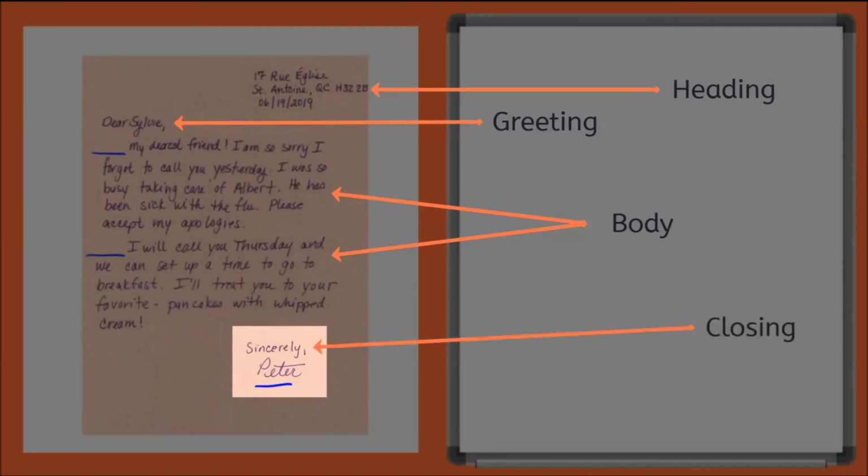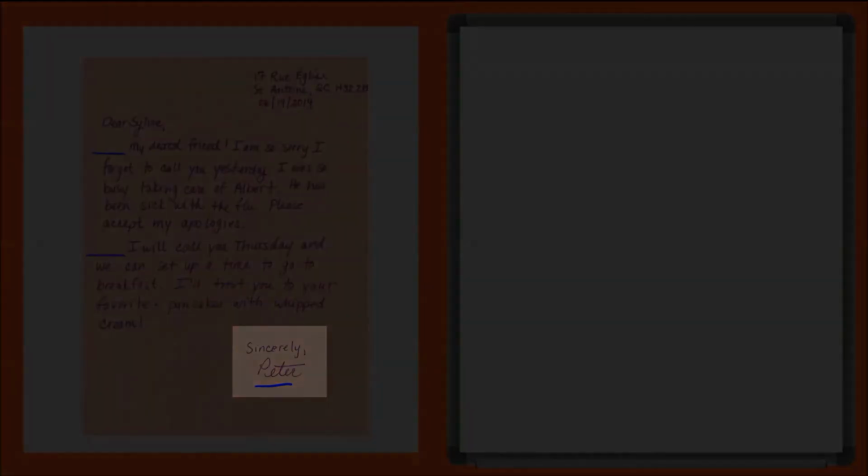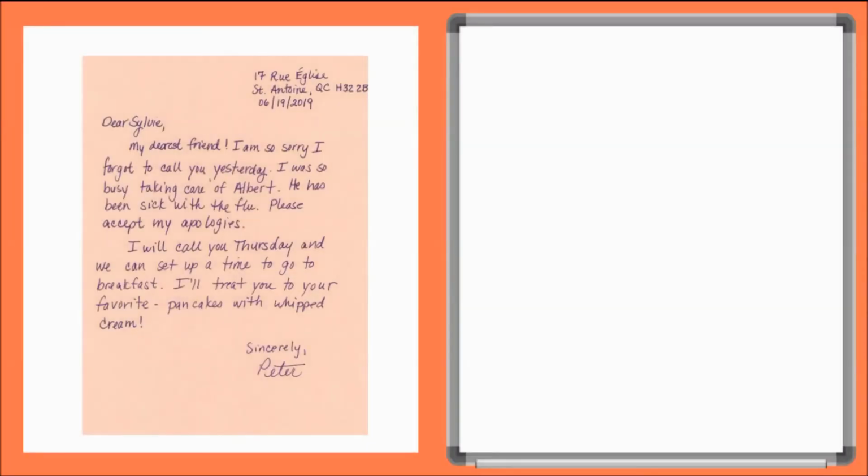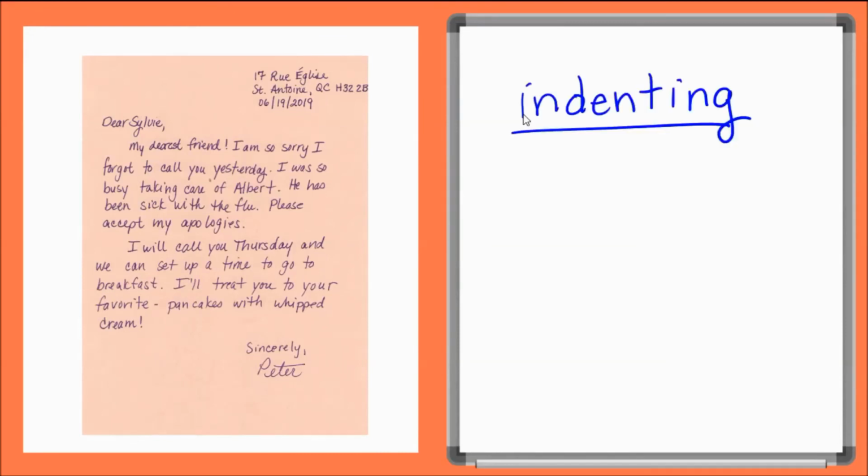Super. After mentioning these parts, we have to study together the indenting. How can we use the indents? If you remember, I used to tell you that this paper has no margins or lines, and this is a stationery. So how can we write a letter here?